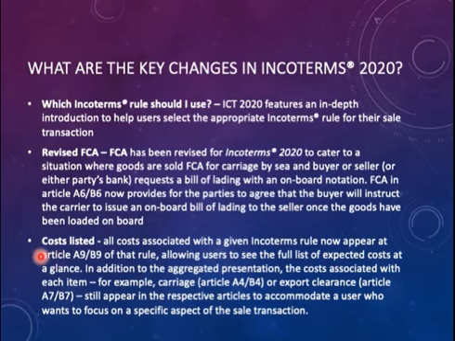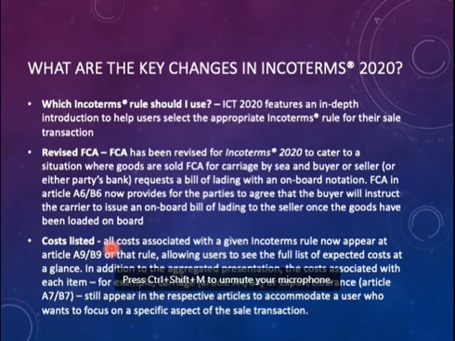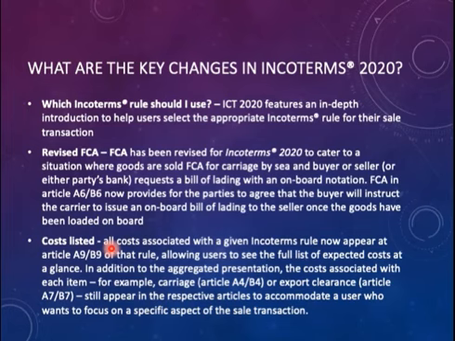The next difference is the cost list. So in the latest version, Incoterms 2020, all costs associated with a given Incoterms rule now appear at Article A9 and B9 of the rule, allowing users to see the full list of expected costs at a glance.